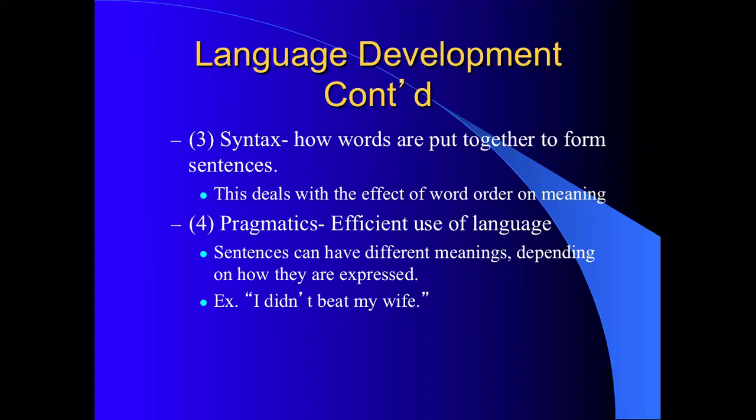Related to syntax, there is an element called grammar, right? Grammar does impact the meaning of sentences as well. So if we want to make a possessive, or we want to make something in past tense or present tense, that's going to alter what is being said in a sentence.